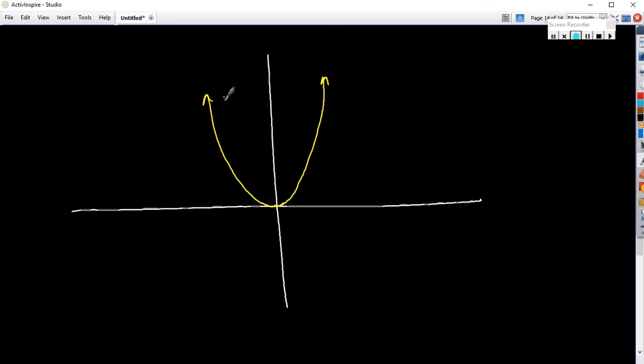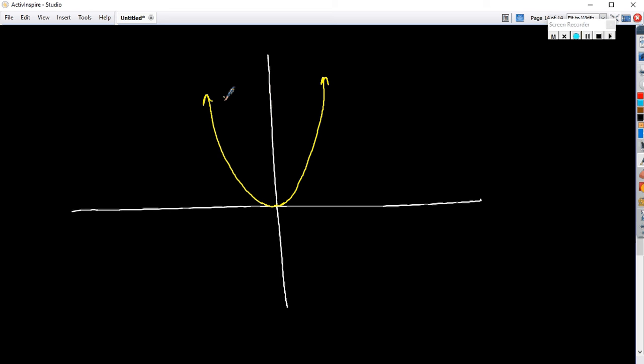If I'm talking about domain, so possible x values, the x-axis is left to right. X can be negative or positive. Are there any restrictions on it? In other words, does it not go past any certain point, or could it be anything? It could be anything, right?